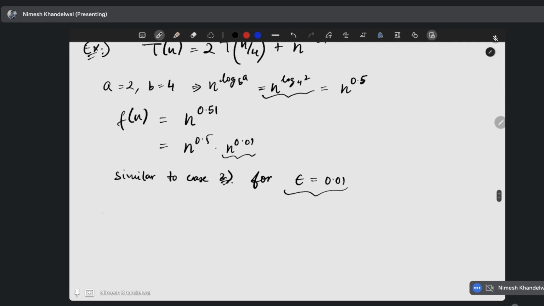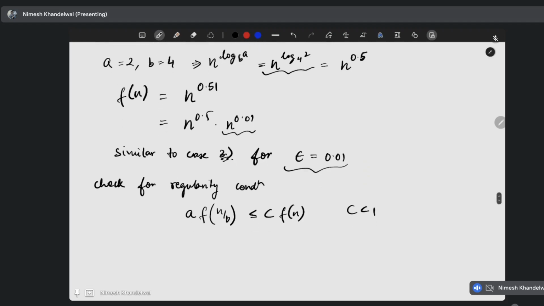So we need to check for the regularity condition. The regularity condition is that a times f(n/b) should be less than or equal to c times f(n), so basically a c less than 1 should exist for this inequality to hold.